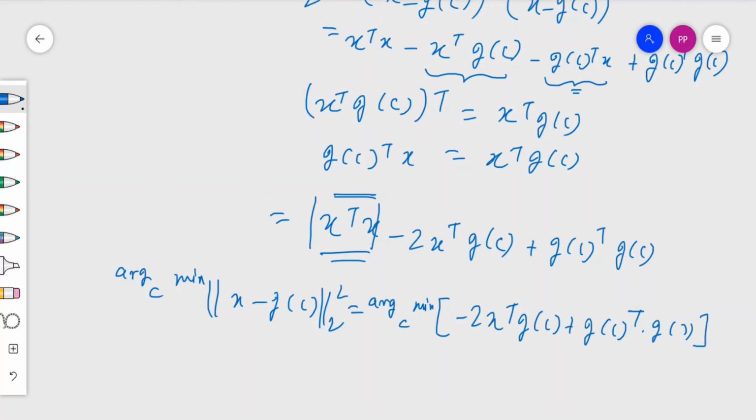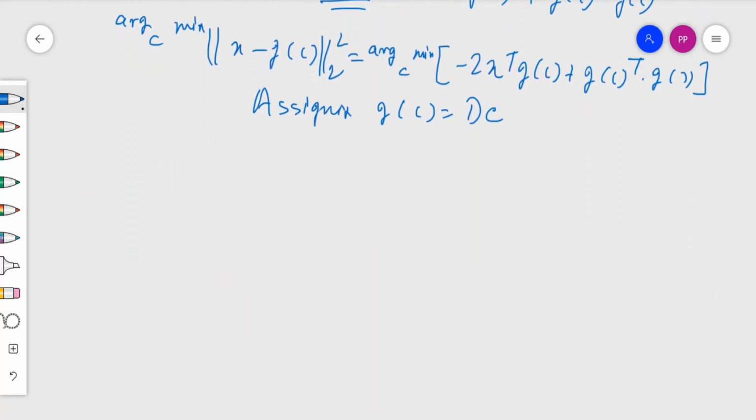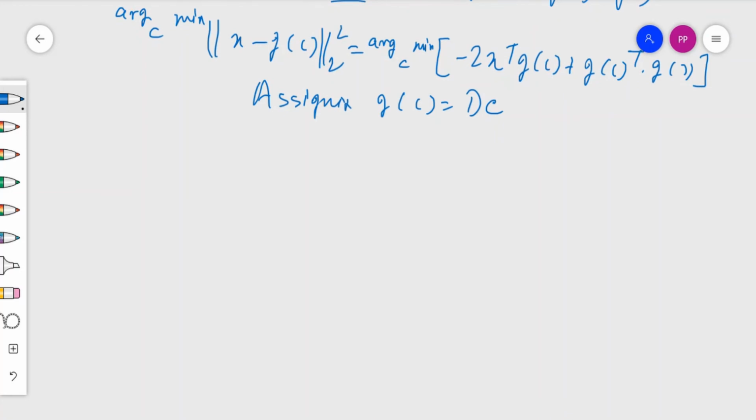So now we are using the matrix operator, assigning GC as DC. We have this L2 norm as argmin over C of minus 2x transpose DC. Instead of GC we are writing DC, plus DC transpose DC.